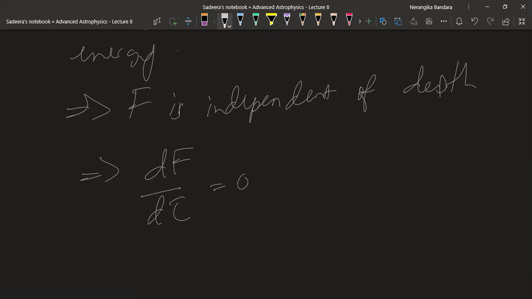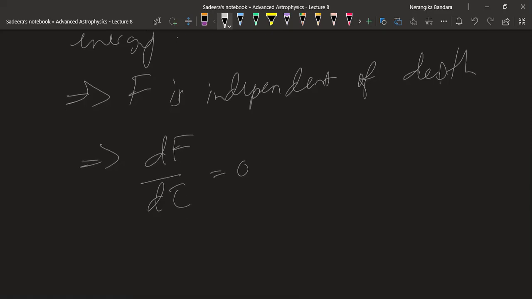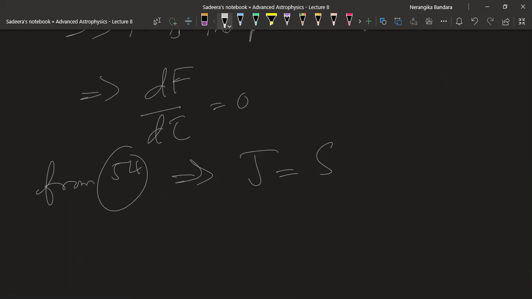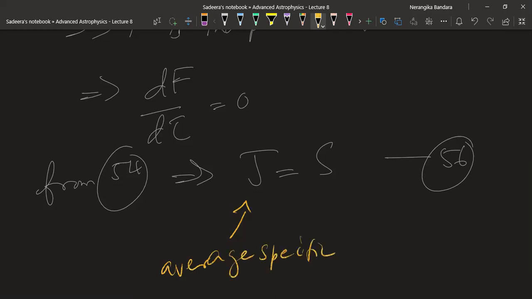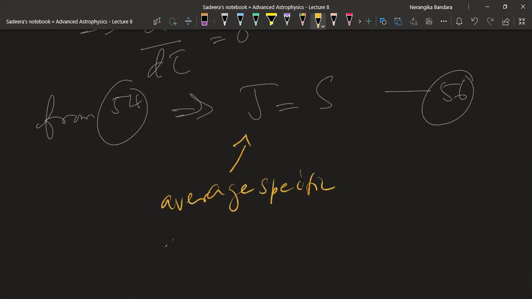Now, from equation number 54, we can say that J is equal to S. The average intensity would be equal to the source function. Call this equation number 56. Just for the purpose of refreshing our memory, this is the average specific intensity, and this would be the source function.